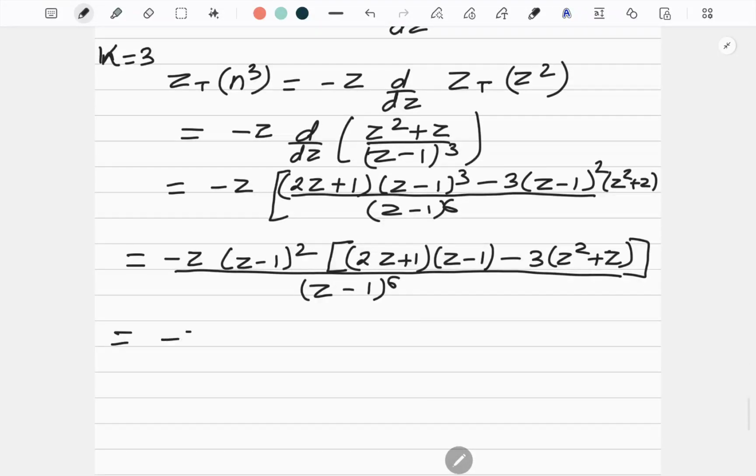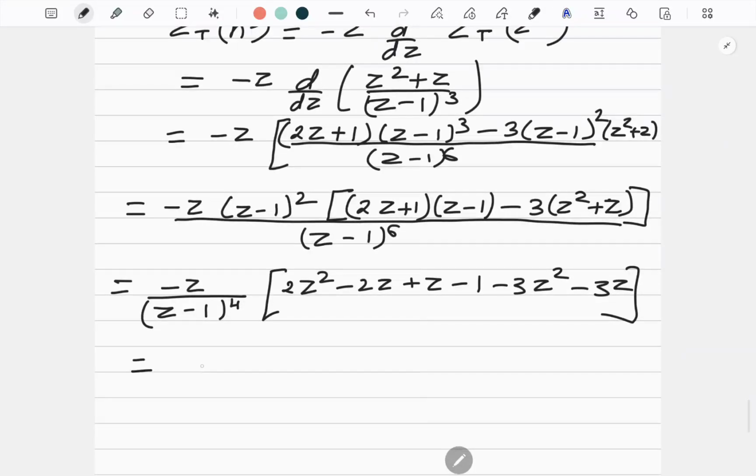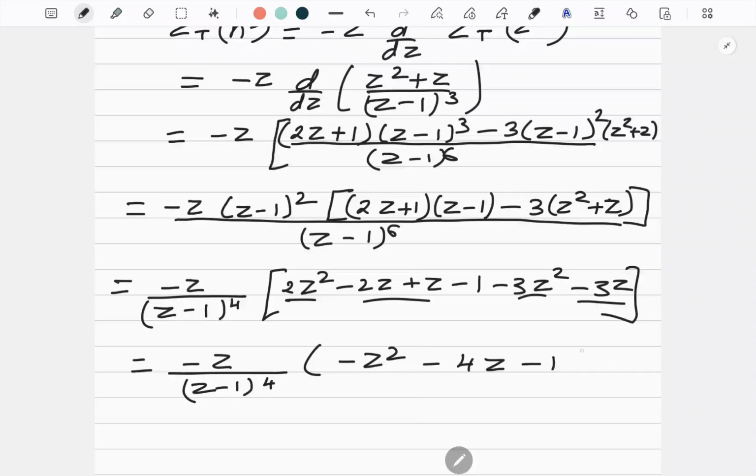Next step, minus z upon z minus 1 to the power 4, because the powers will get cancelled. Numerator: 2z square minus 2z plus z minus 1 minus 3z square minus 3z. Okay, let us simplify this. Numerator will become minus z square, then minus z, minus 3z, minus 4z, minus 1.